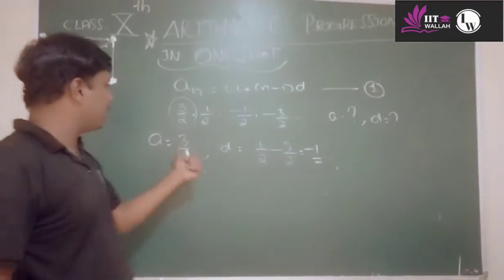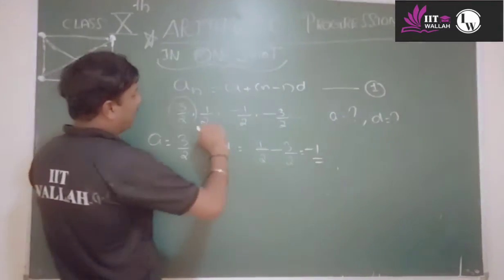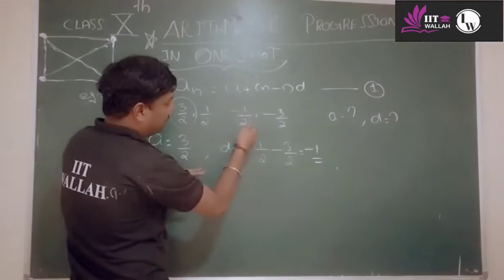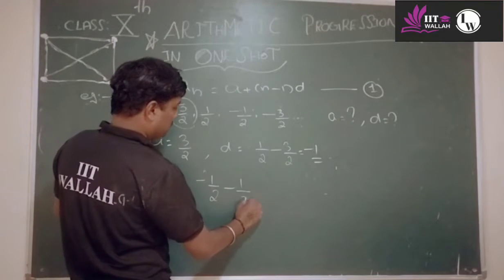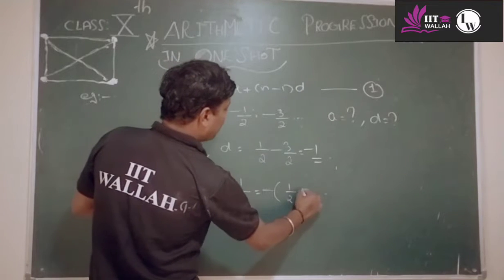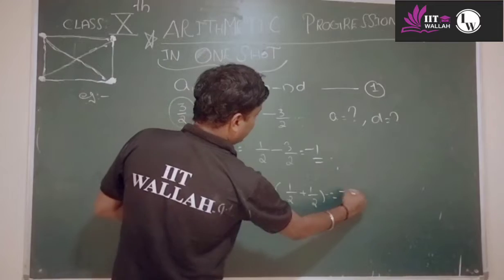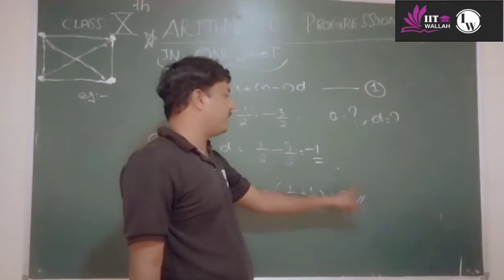Now we got the first term as well as the common difference. See, suppose we subtract this from this: minus 1 by 2 minus 1 by 2. So minus 1 by 2 minus 1 by 2 is equal to minus 1. See, this common difference should be constant.